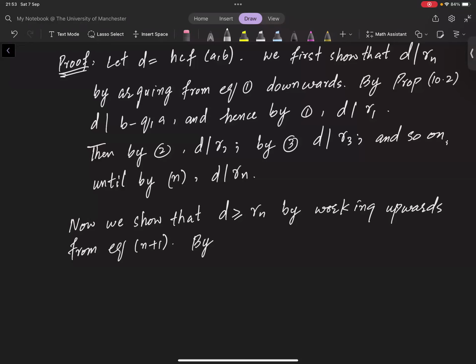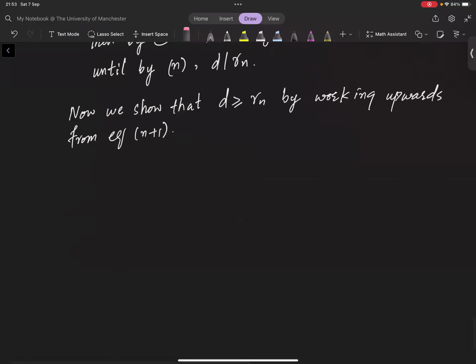So by equation n plus 1, we say that Rn divides Rn minus 1. By equation n, we say that Rn divides Rn minus 2.